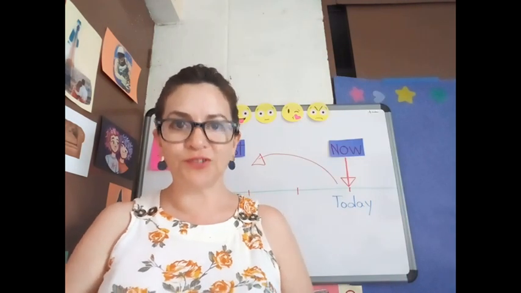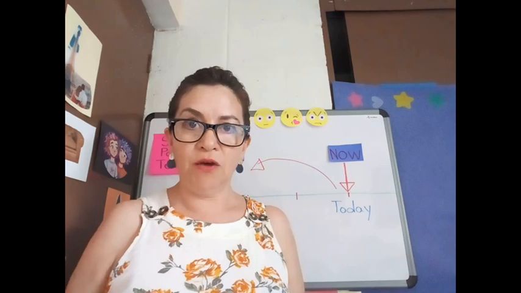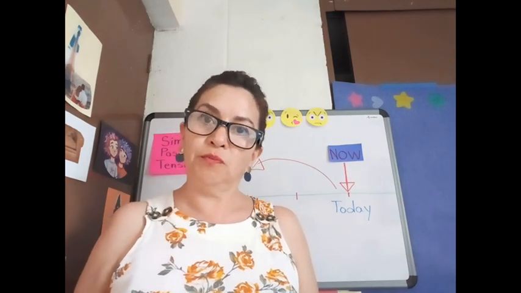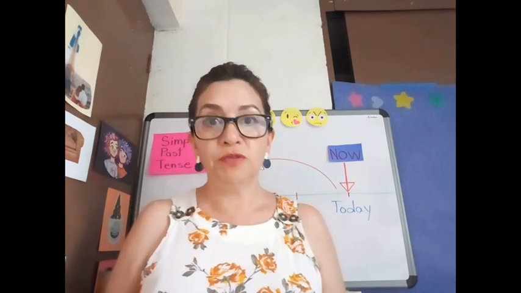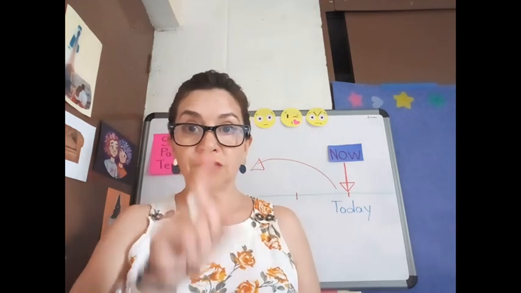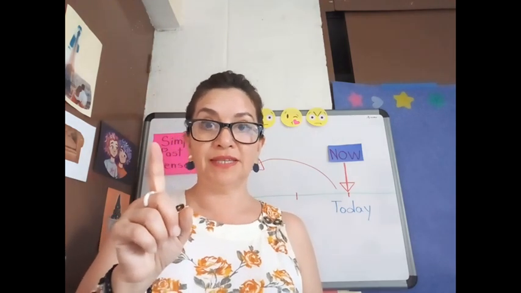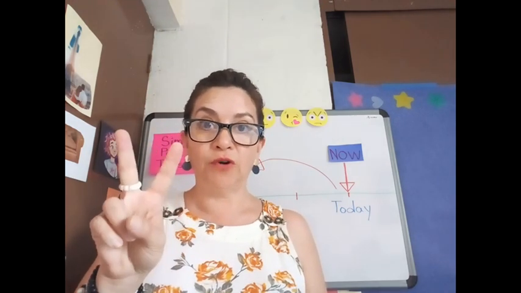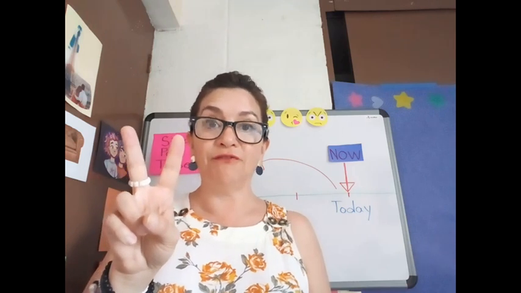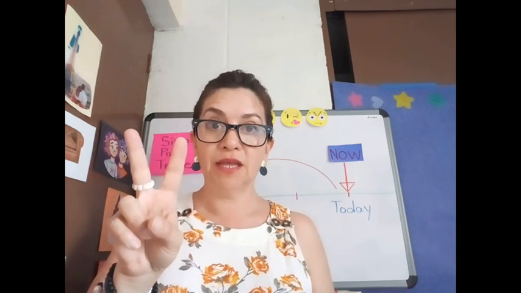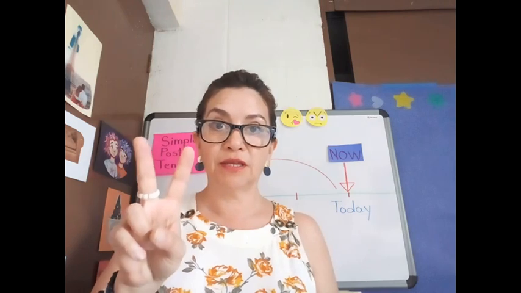Very well, let's continue. Now, how do we use the simple past tense? We use the simple past tense for actions that happened in the past, before now. For actions that started and finished in the past. These actions are completed.